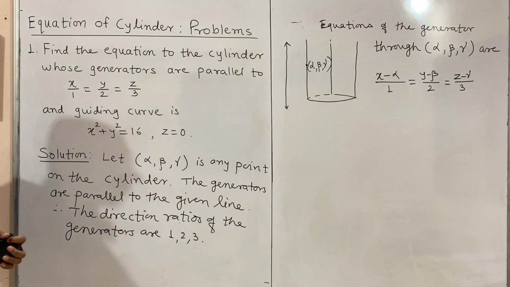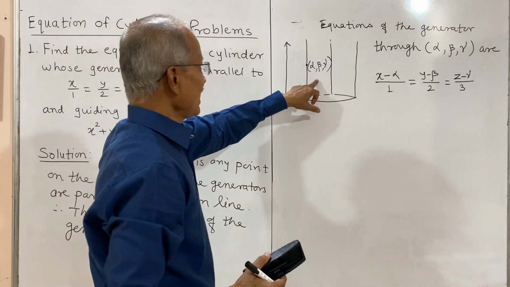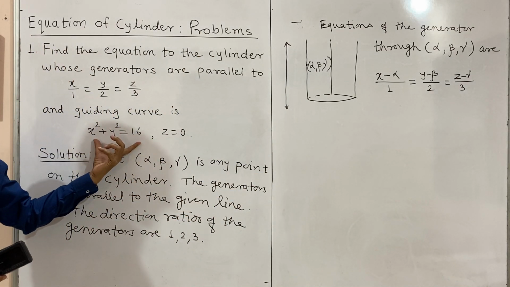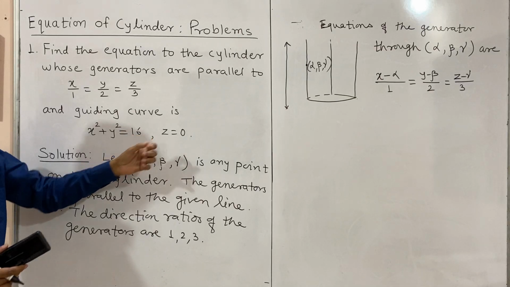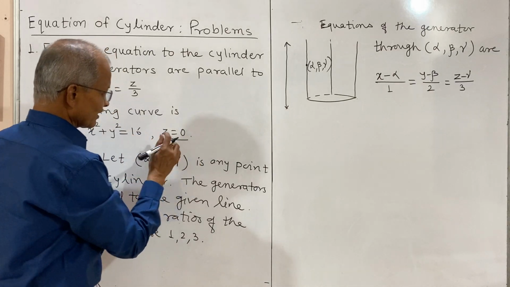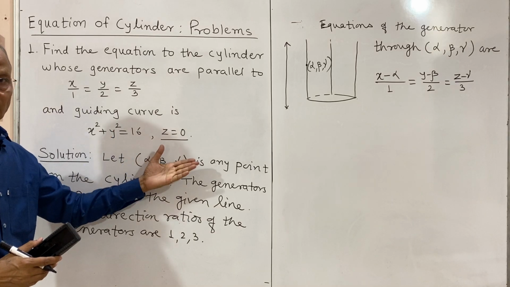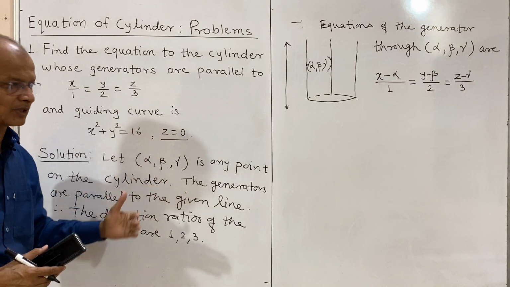So this is a generator passing through this point, and this generator will intersect the guiding curve. First we shall use the condition that this generator intersects the plane z is equal to 0 at a single point, and we shall obtain the coordinates of that point.